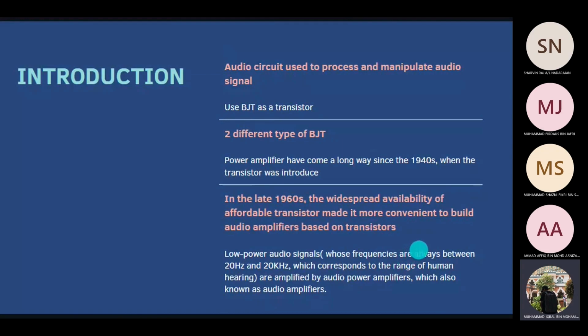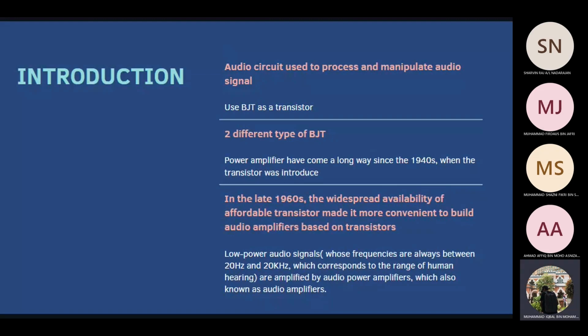Power amplifiers have come a long way since the 1940s, when the transistor was introduced. In the late 1960s, the widespread availability of affordable transistors made it more convenient to build audio amplifiers based on transistors.